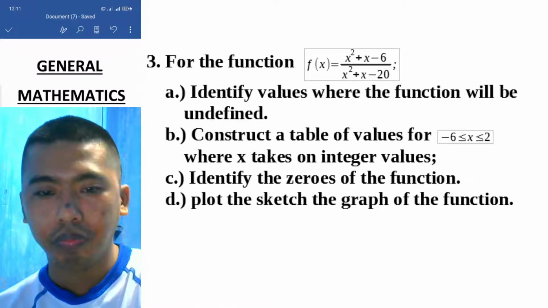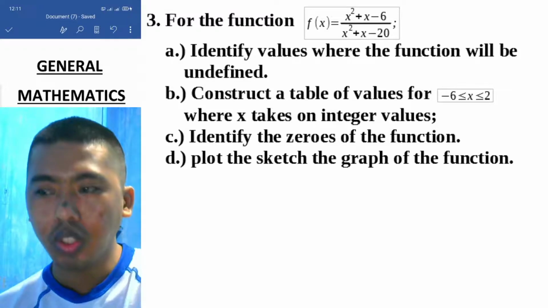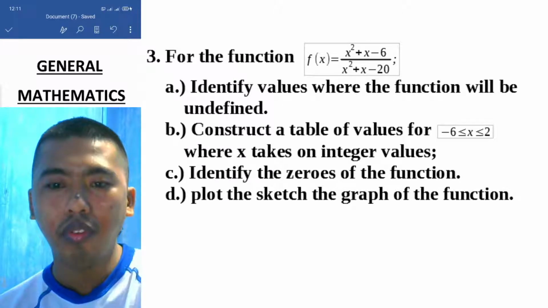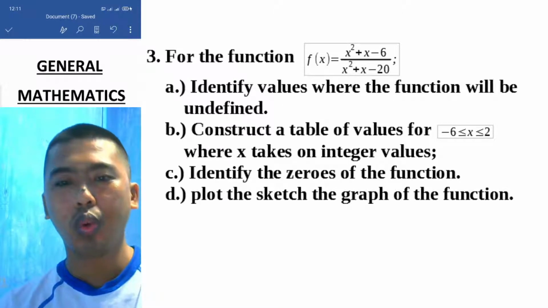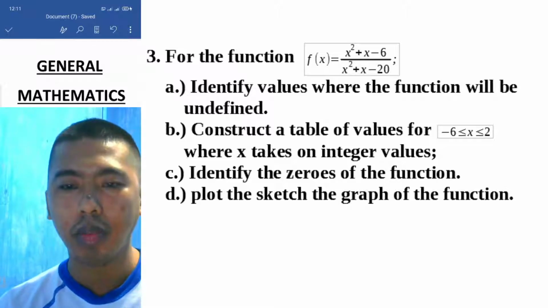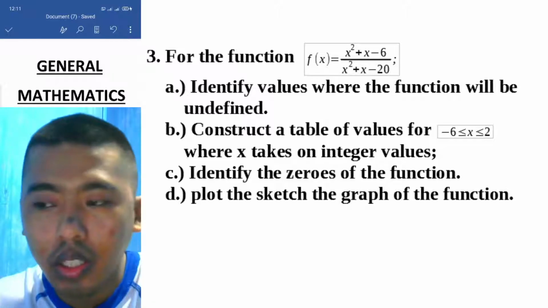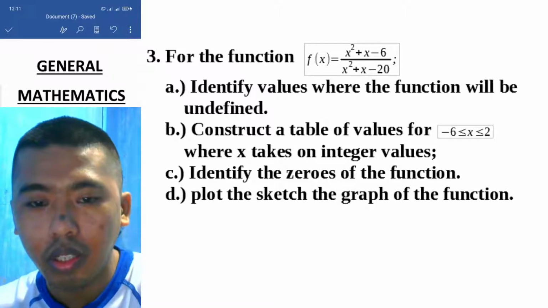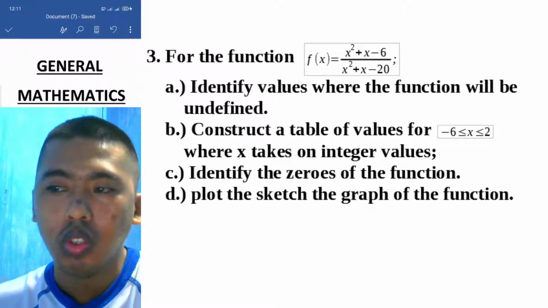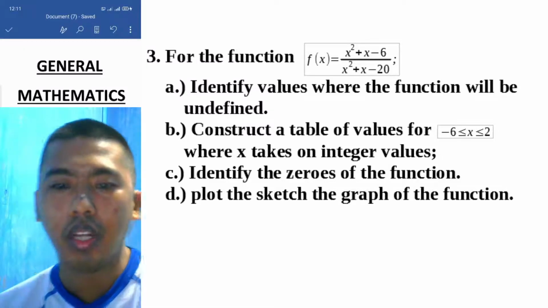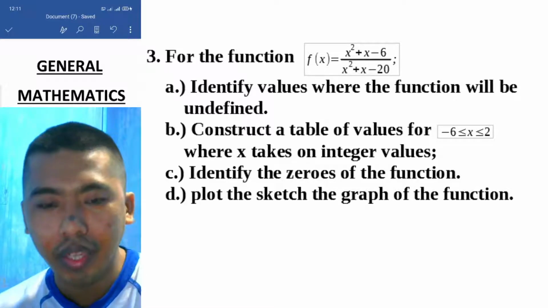Number 3. For the function f of x equal x squared plus x minus x all over x squared plus x minus 20, here are the 4 questions. First, identify values where the function will be undefined.